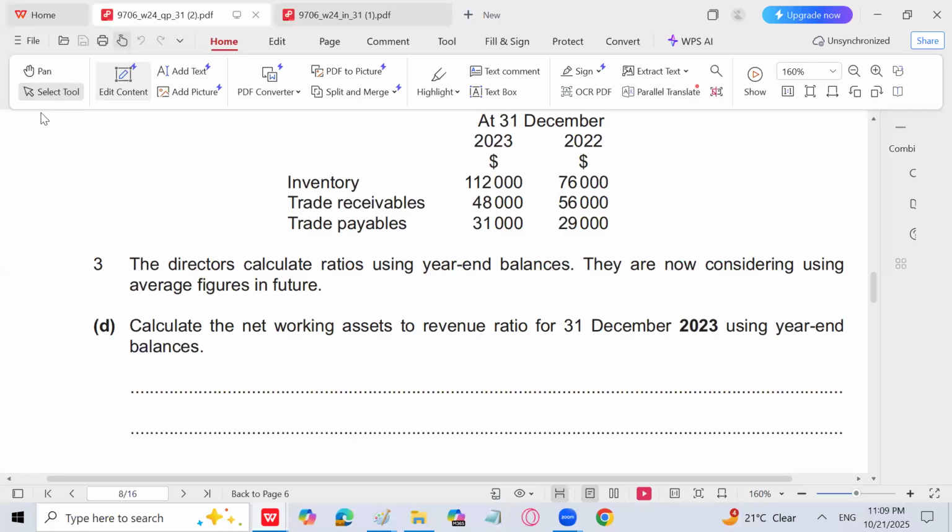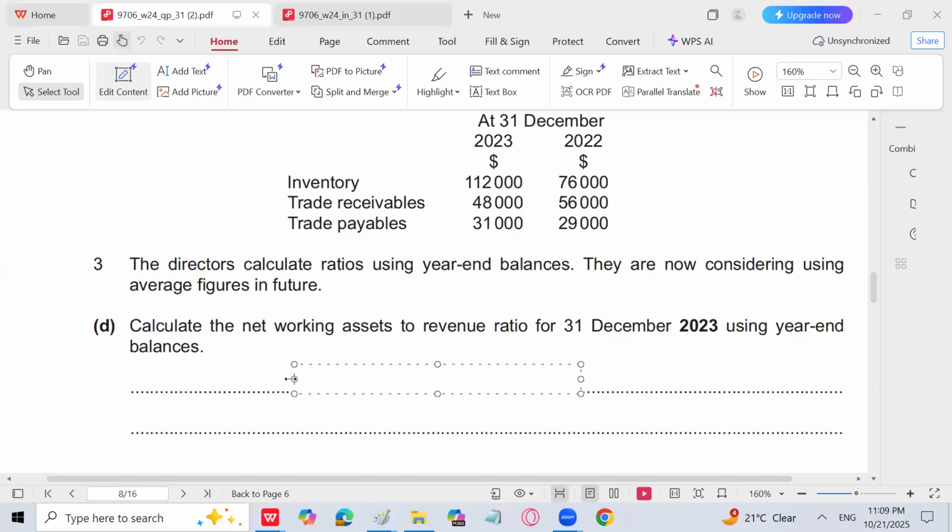Net working assets include inventory, then trade receivables, and then trade payables are deducted.